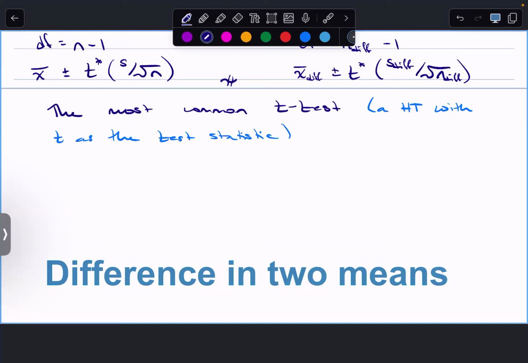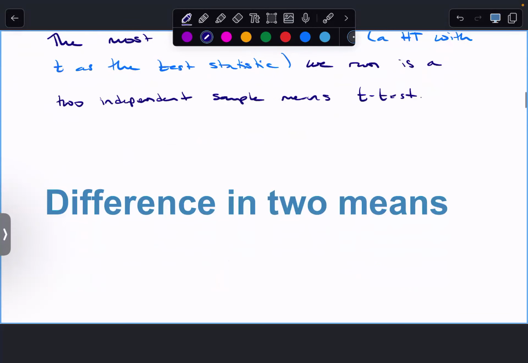So the most common t-test we run is a 2 independent sample means t-test, which is section 7.3 for us, difference in 2 means.